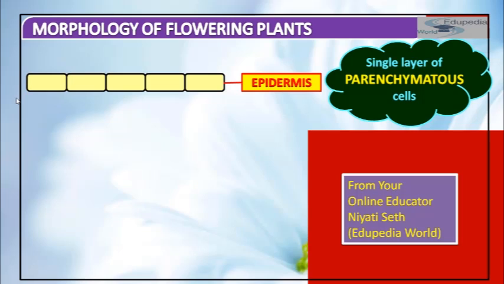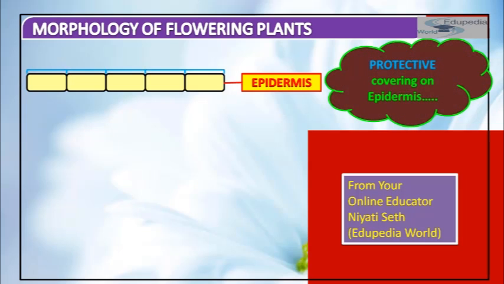No. So the intercellular spaces are completely absent in epidermis cells. Trichomes are absent too. A cuticle is present. A thin layer of cuticle is always present in monocot stem. The epidermis contains numerous minute openings which we call stomata. The cuticle is a protective covering on the epidermis.